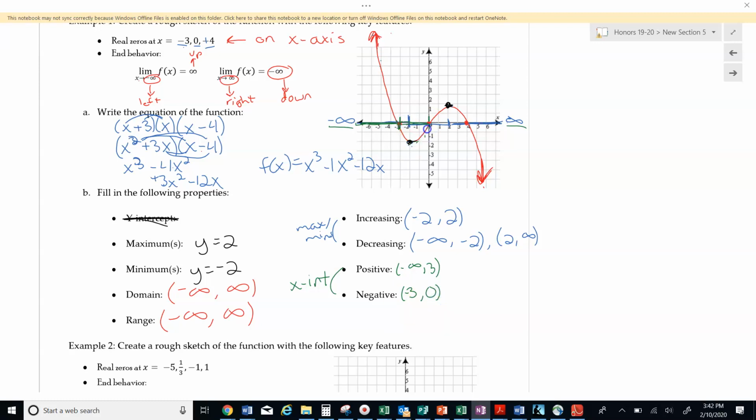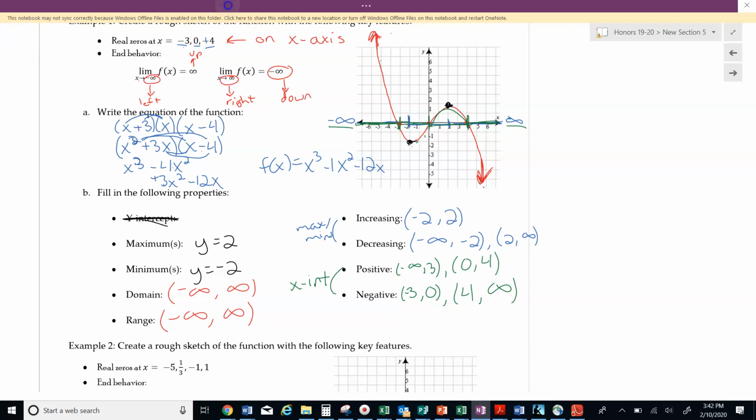Everything here is below, so that's why it's negative. Keep going, my next important point is at 4. Between 0 and 4, I'm above the x-axis. Then 4 to infinity, I am below the x-axis. So you're going along, stopping at your important points.